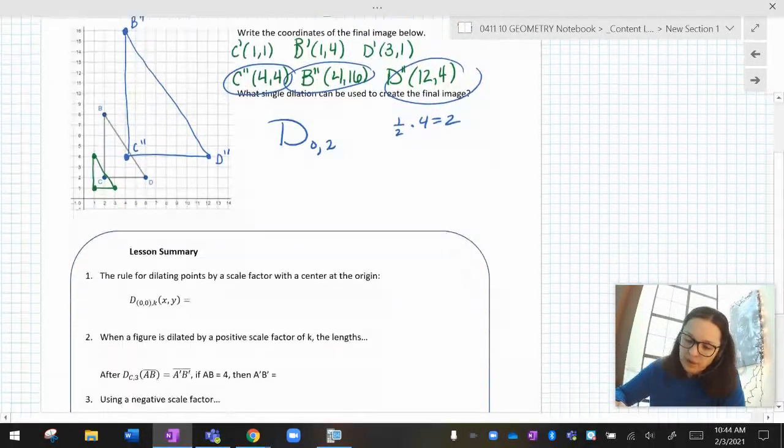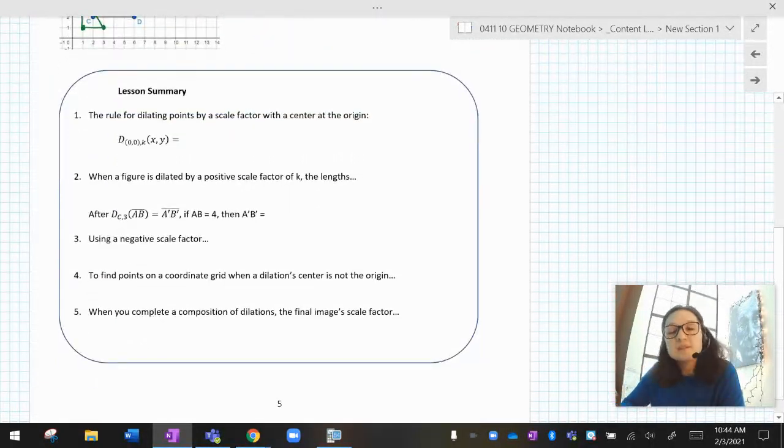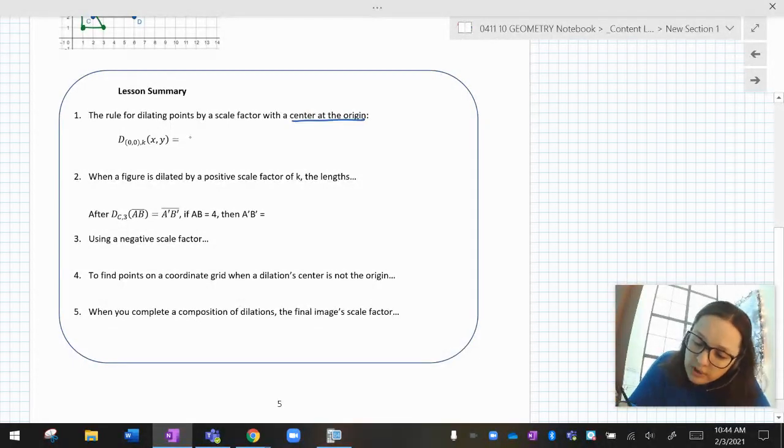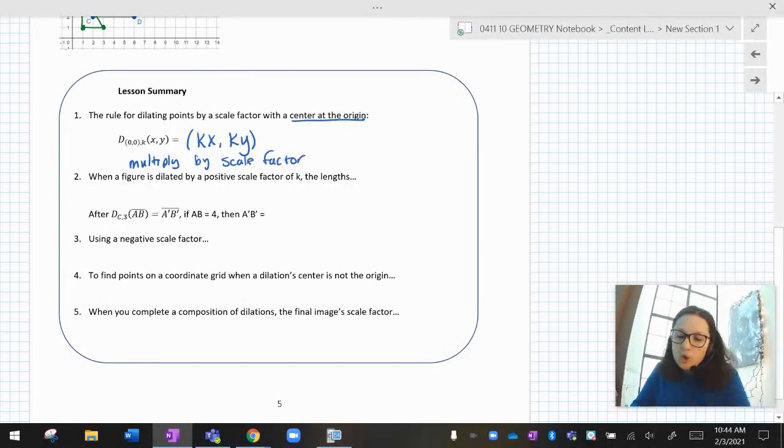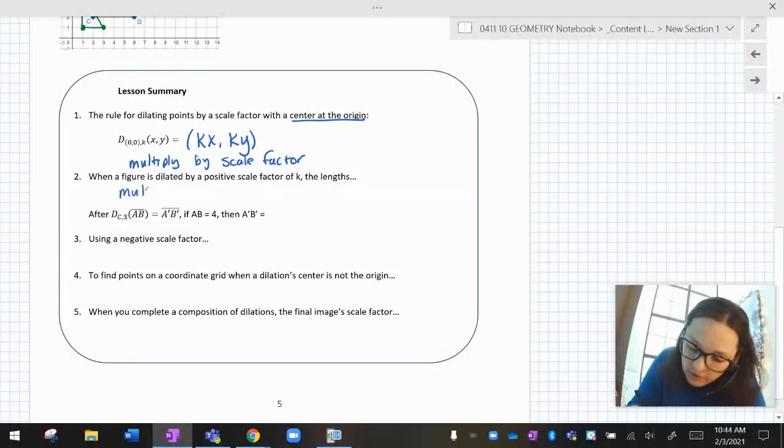Okay? Okay. Lesson summary, and then I'm done. The rule for dilating points by a scale factor with the center at the origin, you just multiply the components. So you just multiply by the scale factor. When a figure is dilated by a positive scale factor of k, the lengths of the figure are multiplied by k.